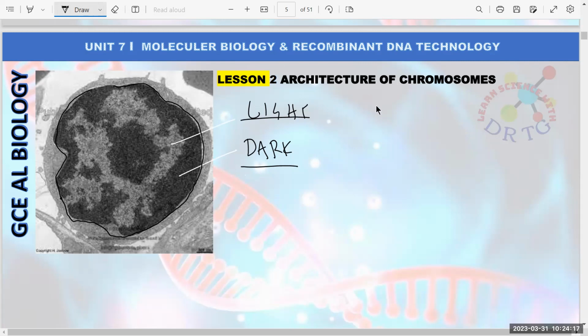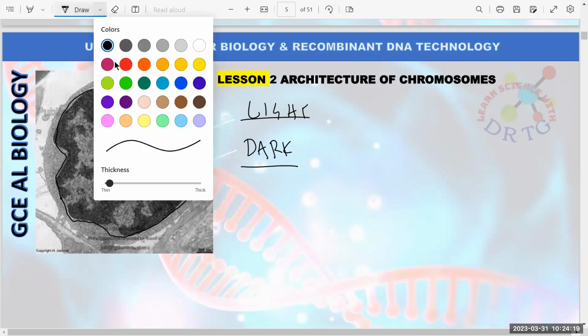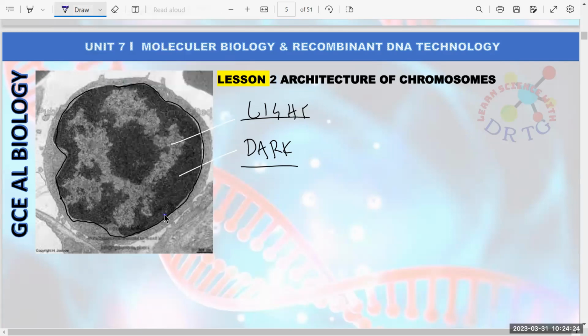Okay. Precisely, instead of DNA, what we see here, the dark areas are chromatin. The light areas are also chromatin. Now, what is chromatin? Chromatin is DNA plus protein.